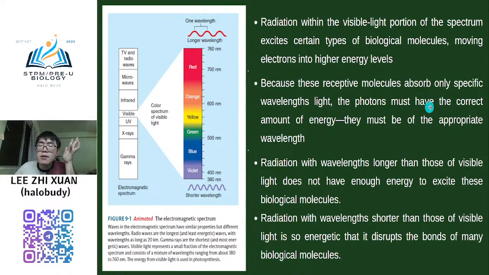The photon must have the correct amount of energy associated with this wavelength. It cannot absorb infrared or X-ray. When it absorbs this wavelength, the photon has the correct amount of energy, and it will become excited.